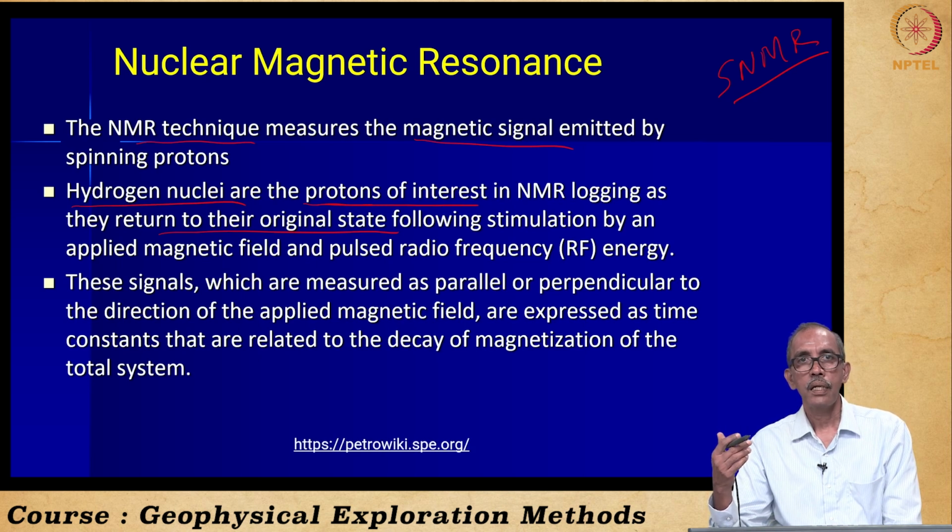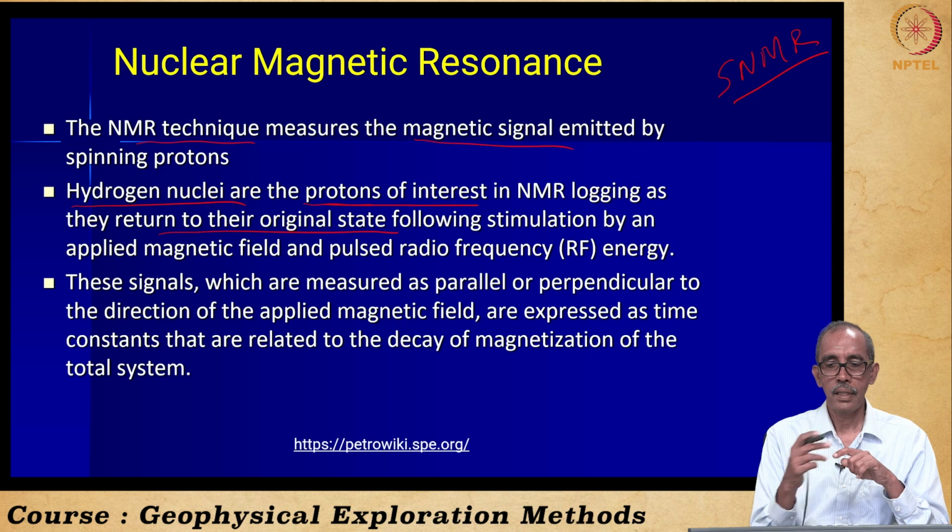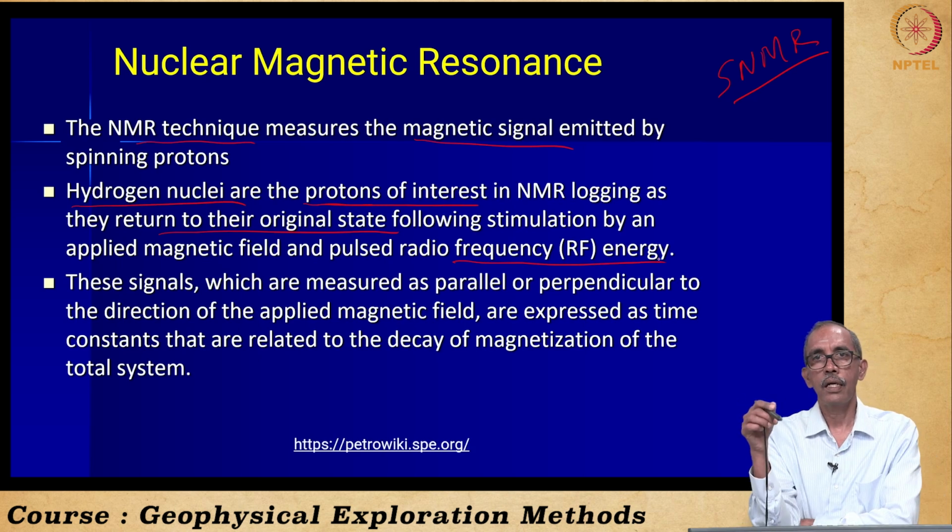The speciality of these hydrogen protons is that when they are excited with the help of a strong magnet, and after you stop the application of the magnetic field, they return back to their original state. Right? When they are returning back to the original state, they produce some energy. That radio frequency energy is also measured.